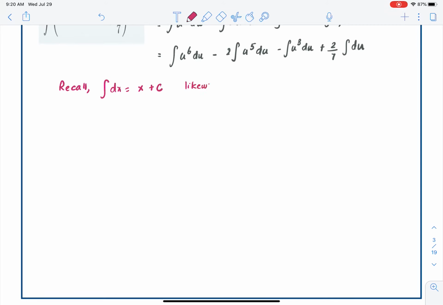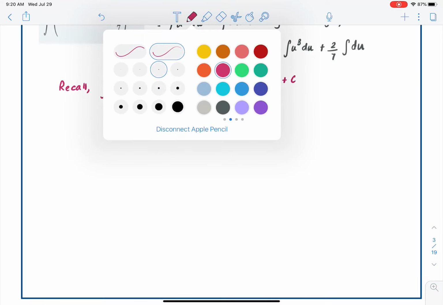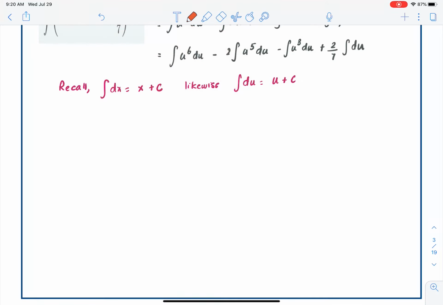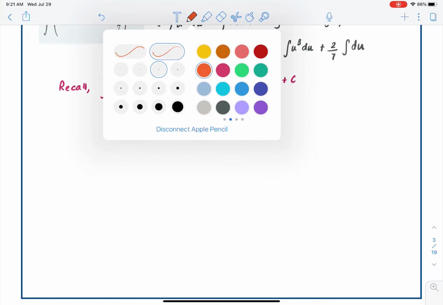Likewise, the integral of du is simply u plus c. An easier way to remember this is the integral and the derivative would sort of go away, leaving you with u. Now that is a very informal way of remembering this, but it is helpful when you try to learn integrals.